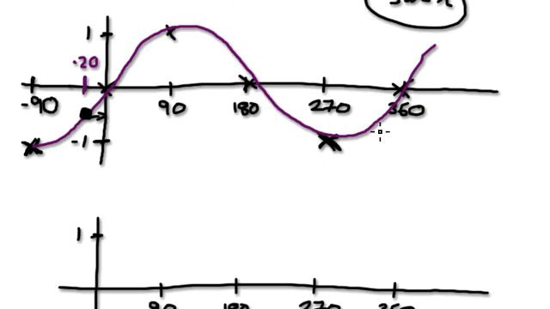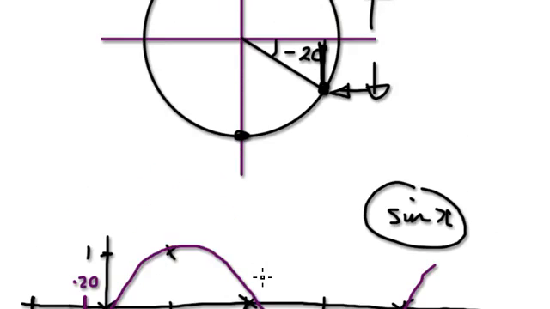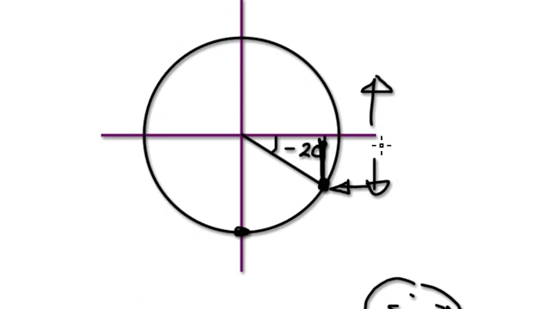Okay, so now for the cos. Extend this to minus 90. So for cos, when the angle is at 0, the width will be 1. When it's at 90, it will be 0. When it's 180, it will be negative 1. Looking at this circle here, negative 90 would be the angle from here all the way to here.